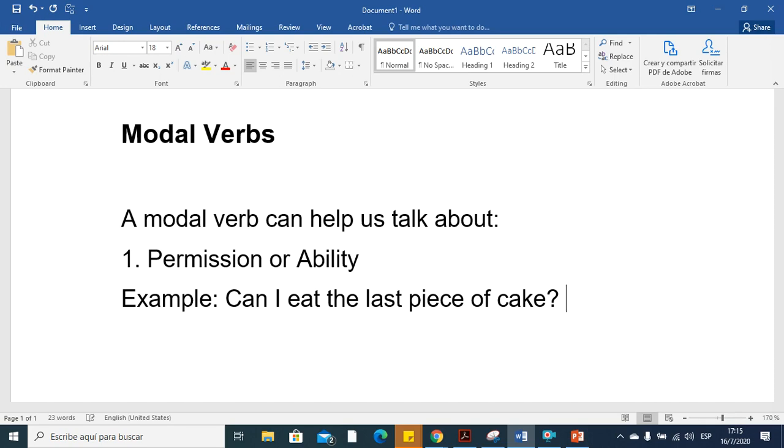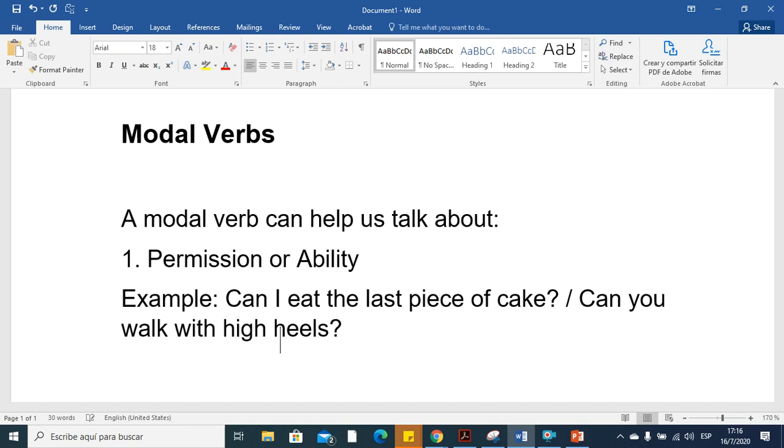Or for the other example with ability: can you walk with high heels?